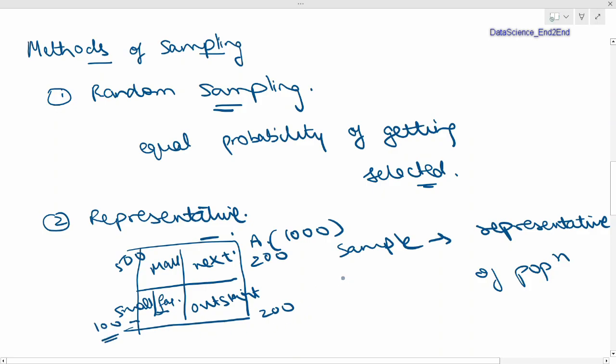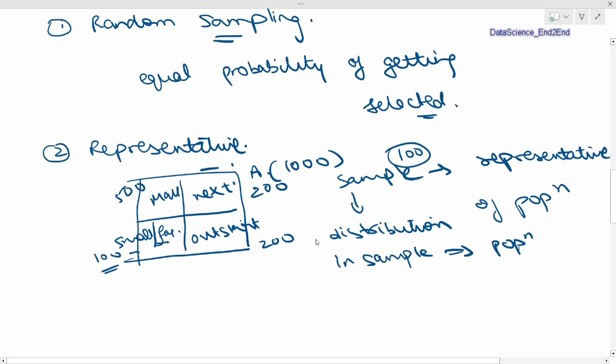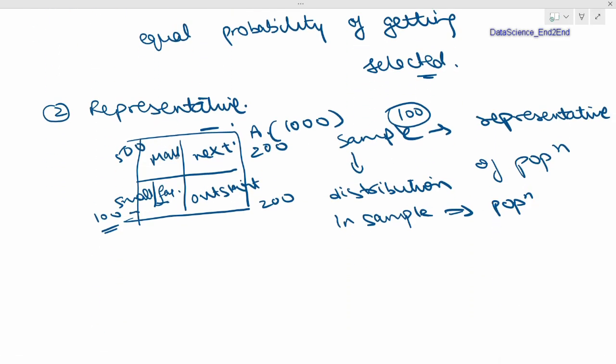What representative sampling says is, whenever you are collecting a sample of observations, suppose you want to select only 100 shops from your locality, you want to make sure that the distribution in the sample is the same as in the population. You will collect the data from all these places, but make sure that the ratio remains the same.